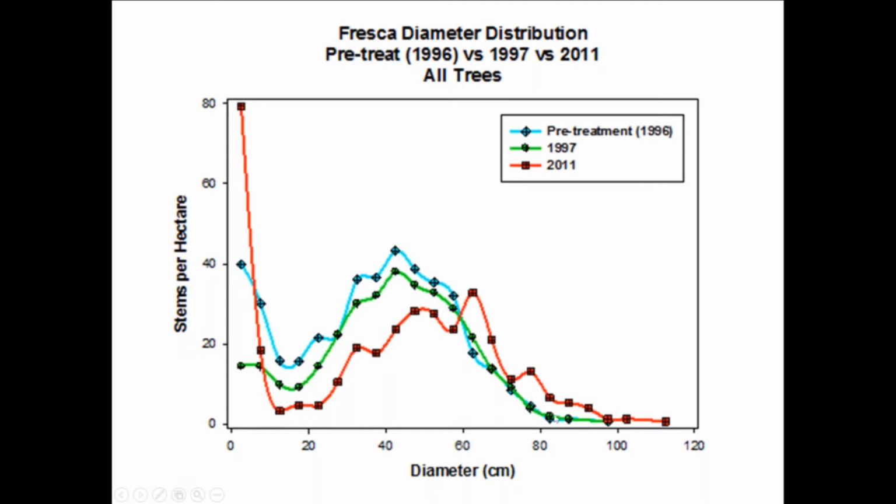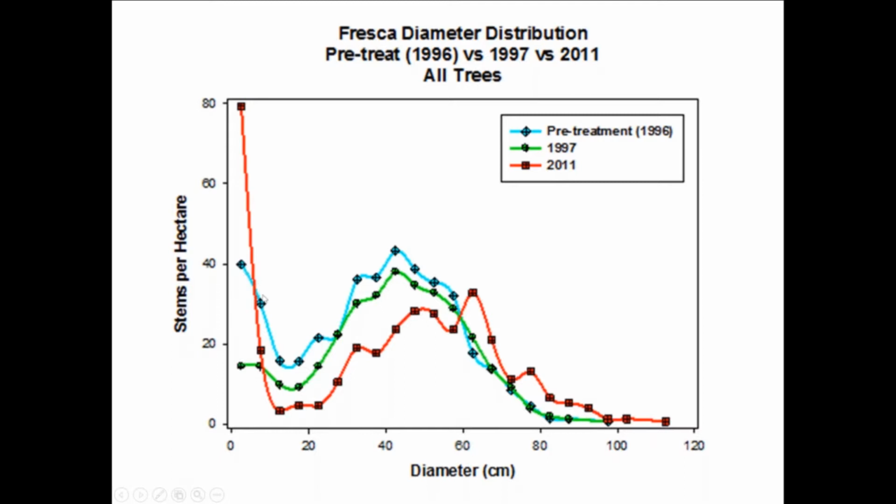And just another way of looking at it, this pre-treatment diameter distribution is this blue kind of cyan line. And then right after thinning is this green line. And then the red is 14 years later.